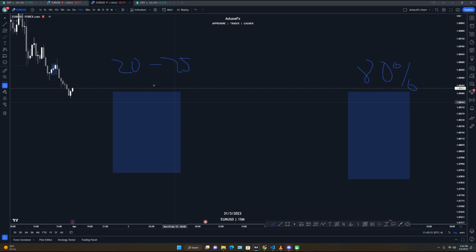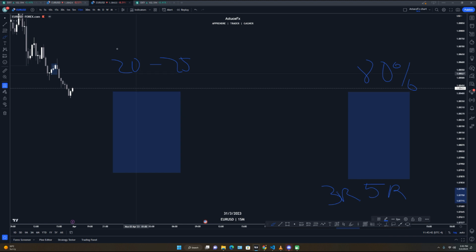Then if you come to RR, SMC traders have more RR than ICT. For an ICT trader, the good RR they usually have is 5R. 5R is easy for them to hit. 5R and 3R, these are the two things.